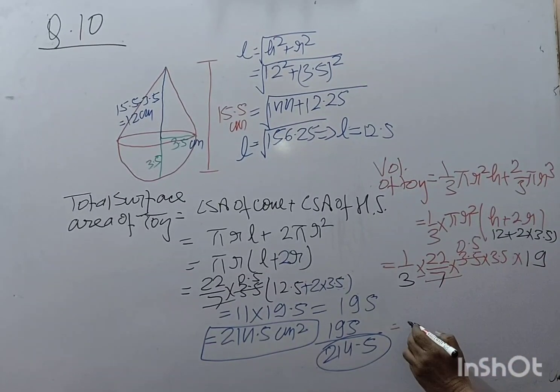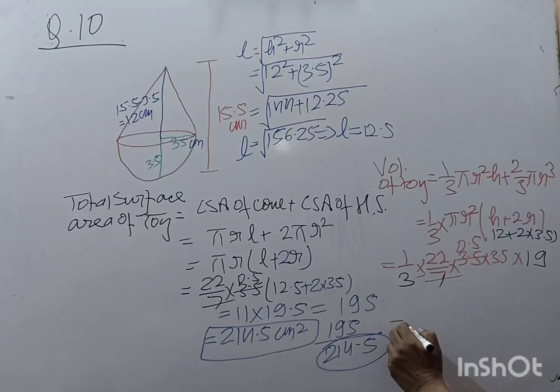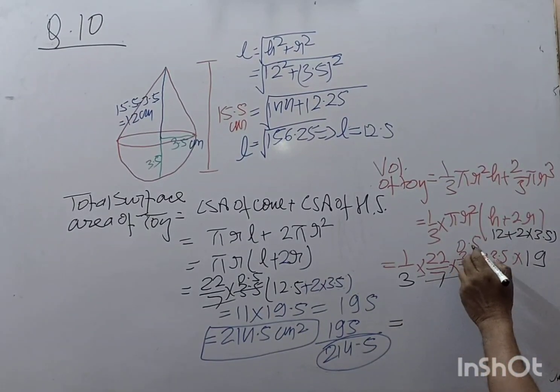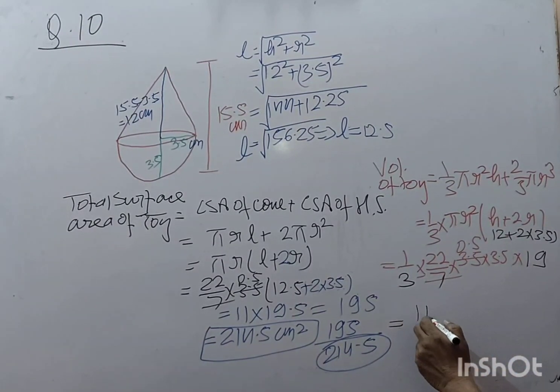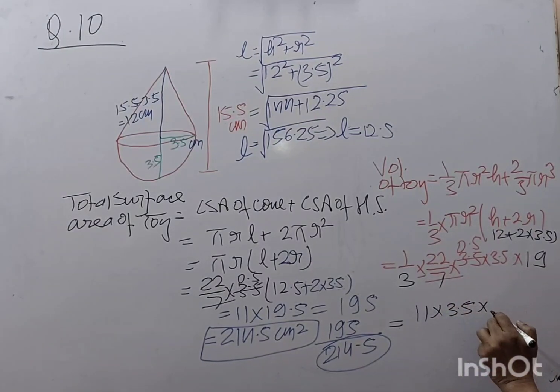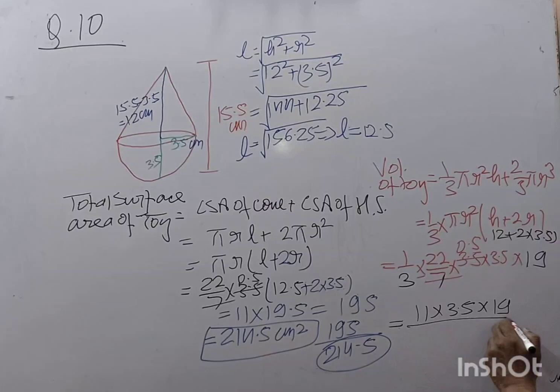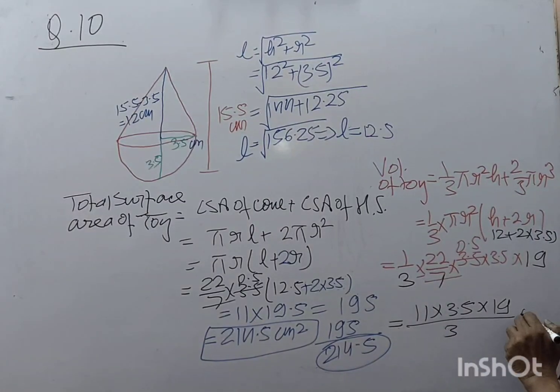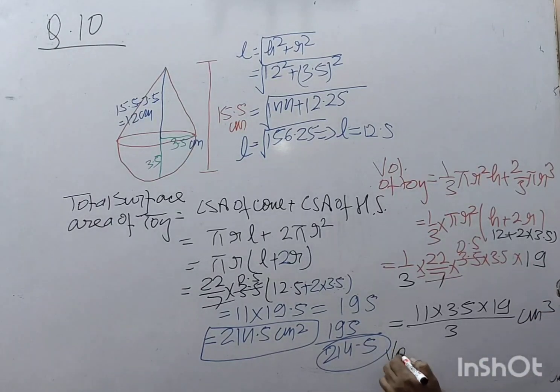So it is 11 into 3.5 into 19 upon 3 centimeter cube.